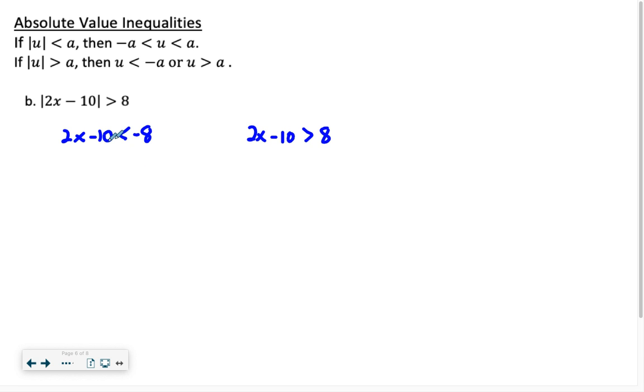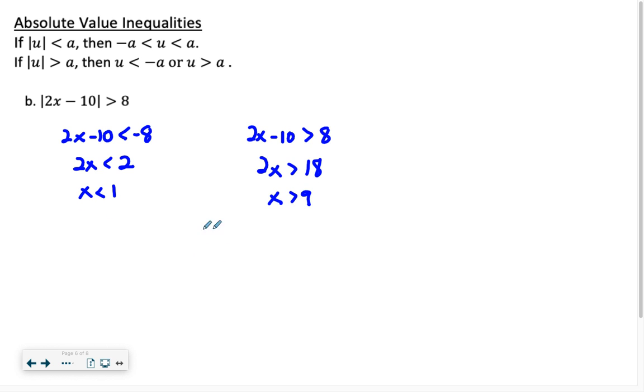So just get x by itself for both of these inequalities. I'll add 10 over. So I'll have 2x is less than 2, divide by 2, and I'll get x is less than 1. Then here, add 10. So 2x is greater than 18, divide by 2, and I'll get x is greater than 9.